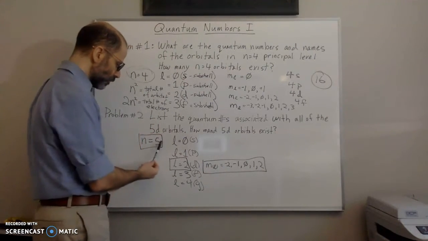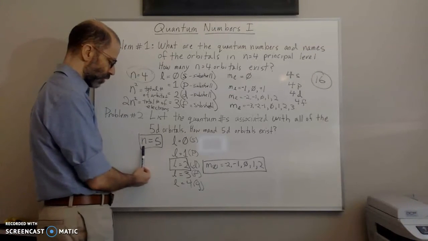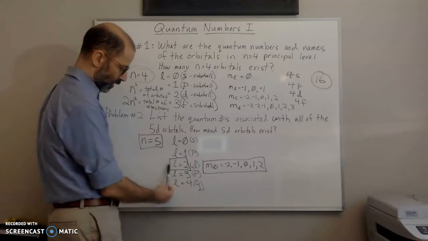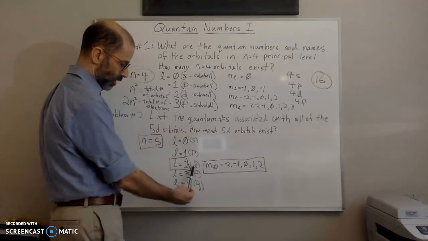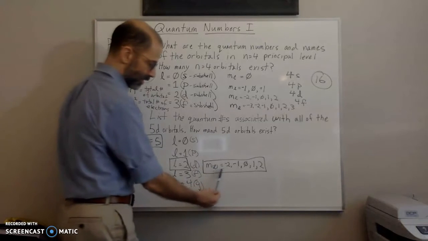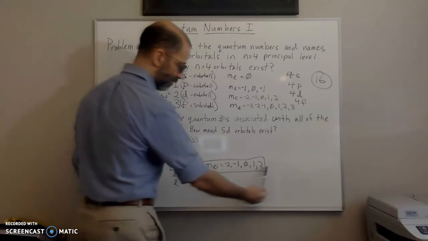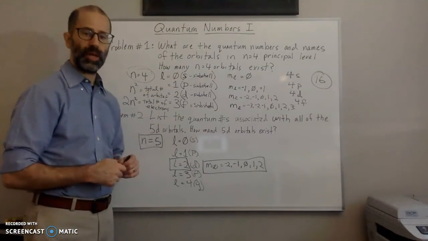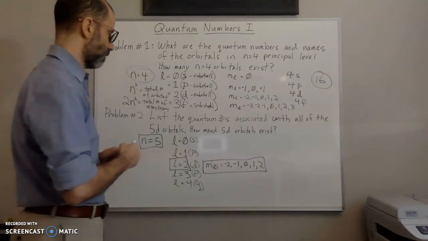So we have energy level number 5, so n equals 5, principal quantum number level, principal energy level. Then we have the sublevel, which is L equals 2, which gives us the name of our orbitals. So we're talking about d orbitals. And this tells us how many d orbitals we have. So we have 5 d orbitals. The other quantum number that we can't forget is also the spin, right?